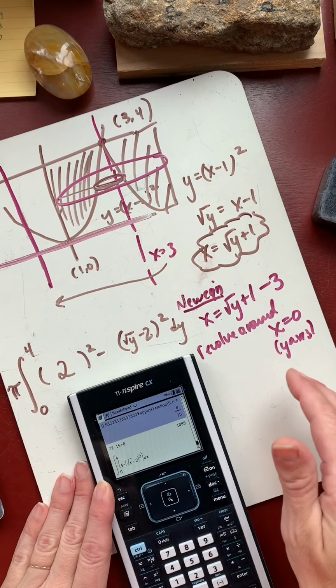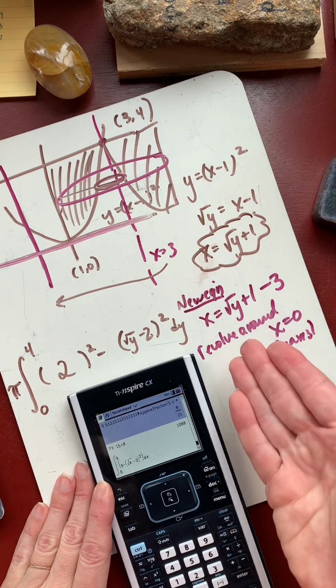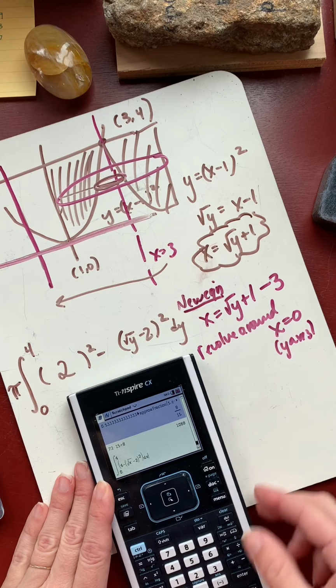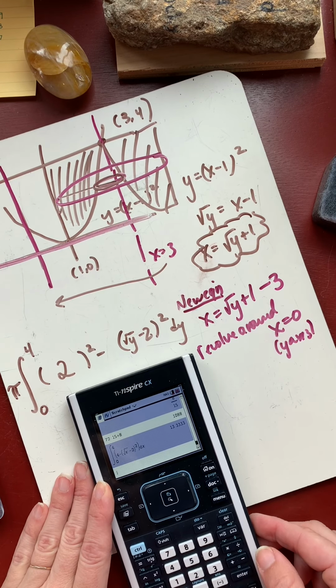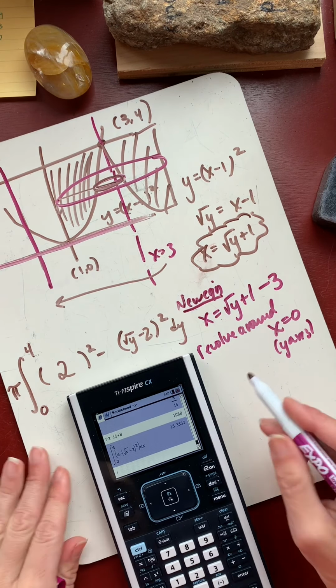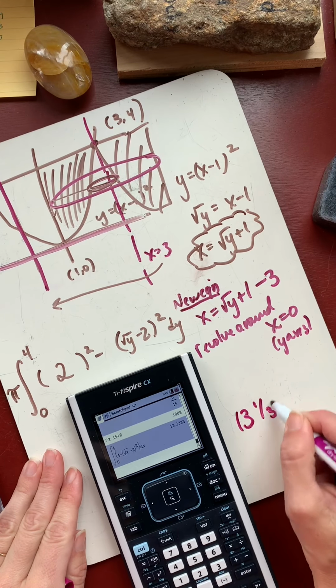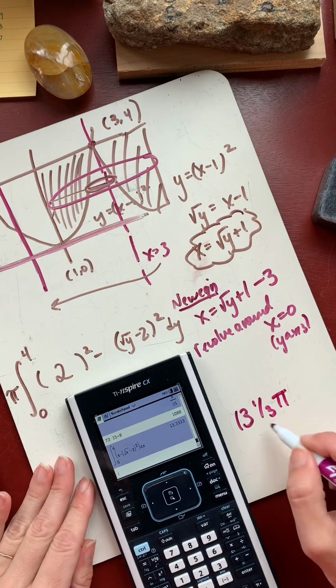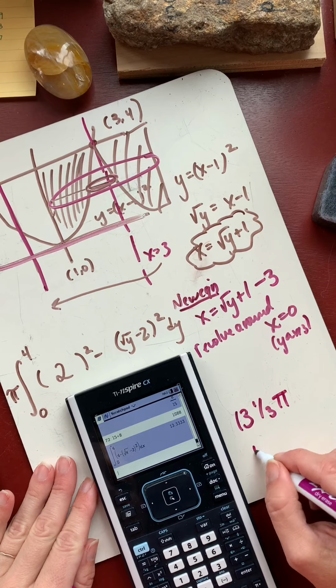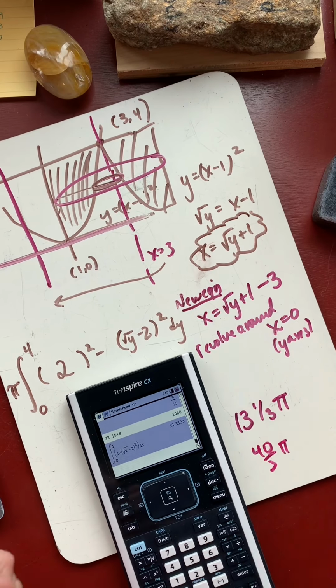That was just for our setup. The calculator doesn't care. It's going to do this integration either way. So here we go. We have this number times pi. So I got 13 1/3 pi. To put it in Khan Academy, I'm going to go 40/3 pi. And let's hope that we get it right. 40/3 pi. Yay, pretty sound.